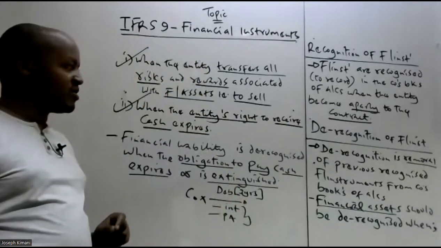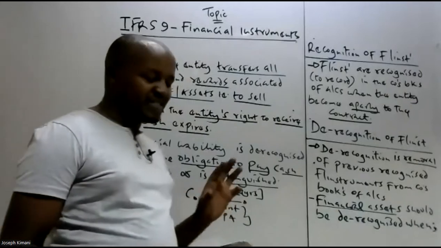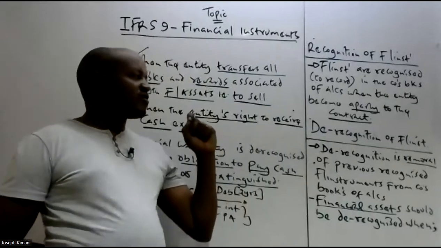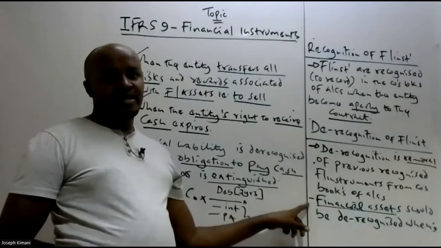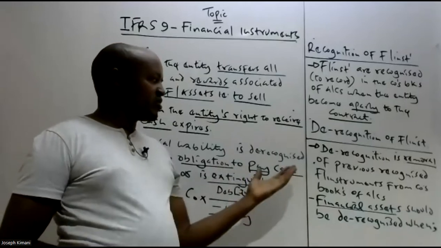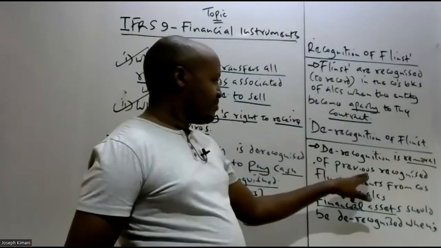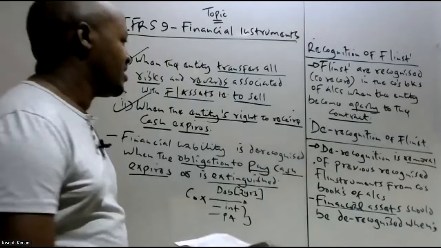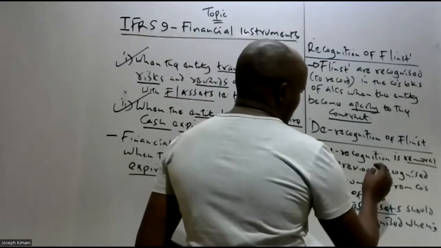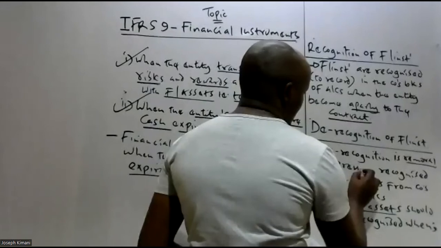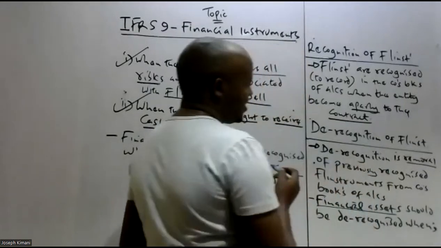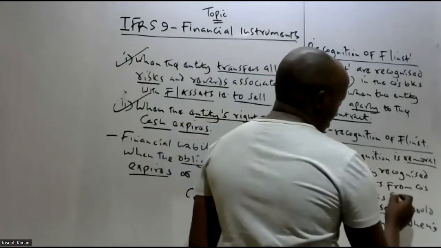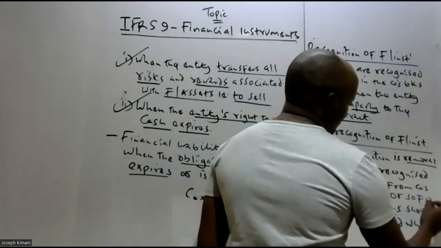So what basically you're required to do is explain not the principles, but rather the criteria for the company derecognizing a financial liability. Remember, derecognition is the removal of a previously recognized financial instrument from the entity's books of account or statement of financial position.